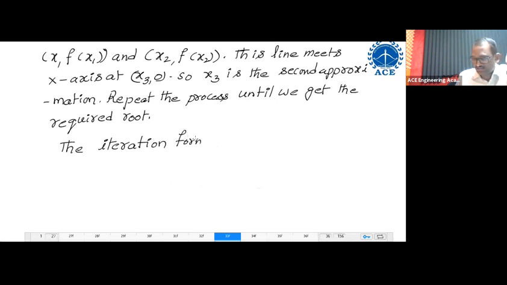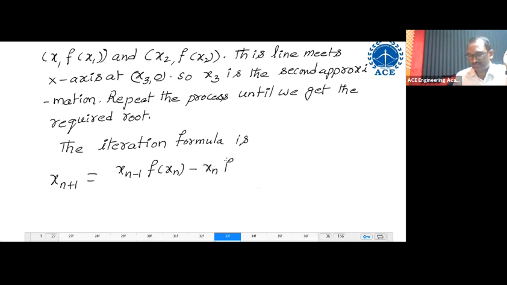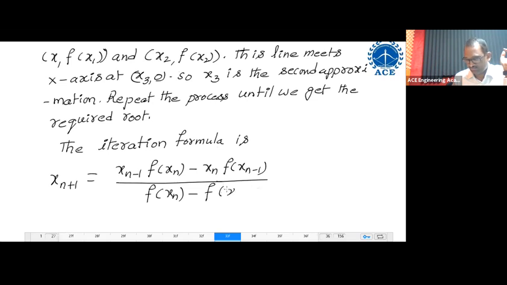The iteration formula is x n plus 1 is equal to x n minus 1 into f of x n minus x n into f of x n minus 1, divided by f of x n minus f of x n minus 1, where n is equal to 1, 2, 3, and so on.